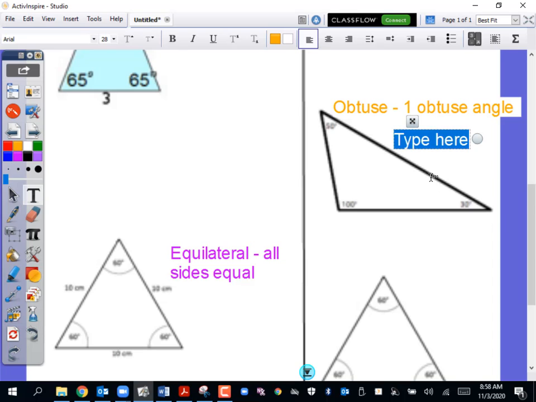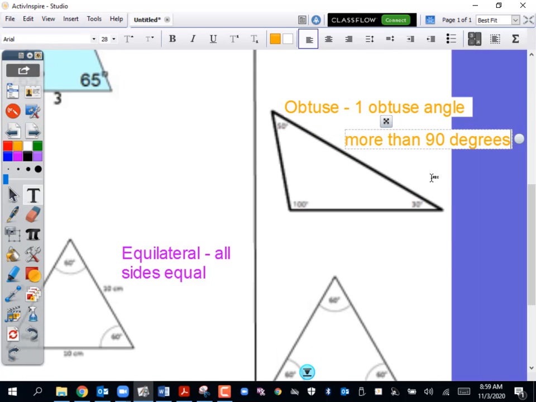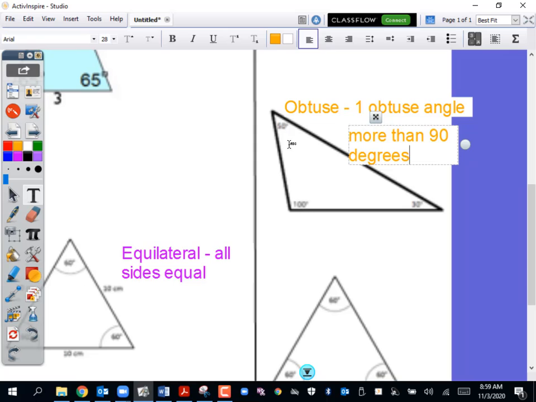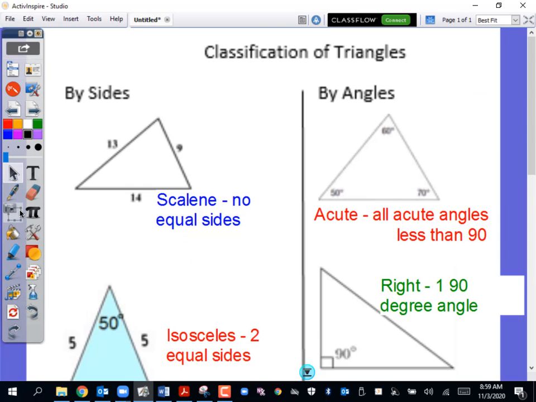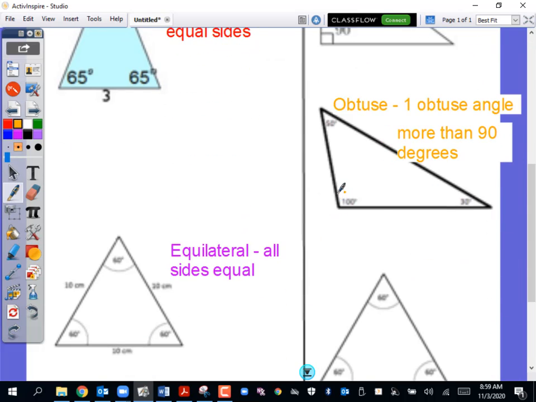Well, that's because it's more than 90 degrees. Again, it does have a 50 and a 30-degree angle, which are acute, but it's the 100-degree angle over here that makes it obtuse. That's why it's obtuse, because it has one obtuse angle.